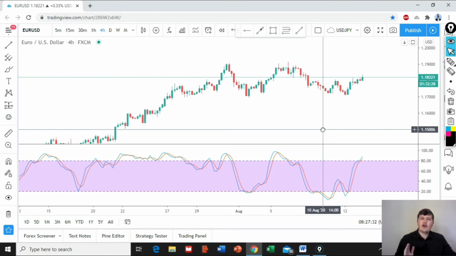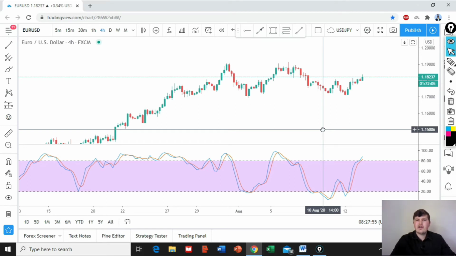Now, before the object can turn lower and head downwards, it must first slow down, and a change in momentum must take place at the top. And this change in momentum can signal a possible trend reversal in the market.